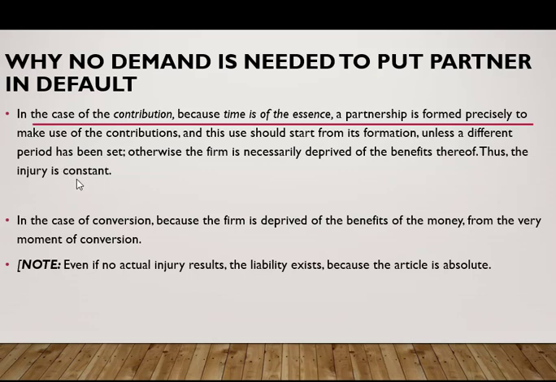Thus, the injury would be constant, and in case of conversion, the firm is deprived of the benefits of the money from the very moment of the conversion. So, in both instances, as I mentioned, a partner who fails to do that would be liable for damages and interest for these two scenarios.